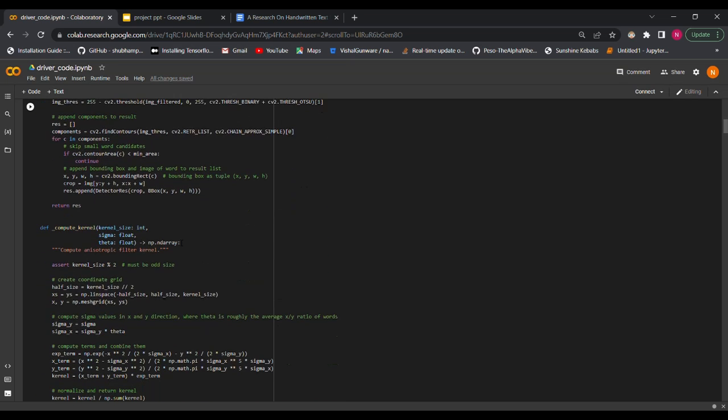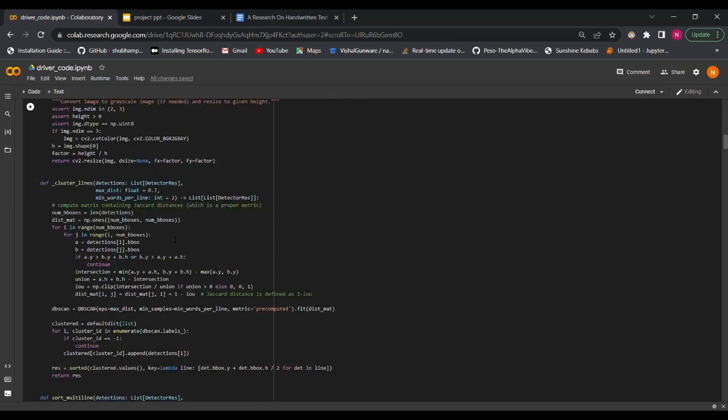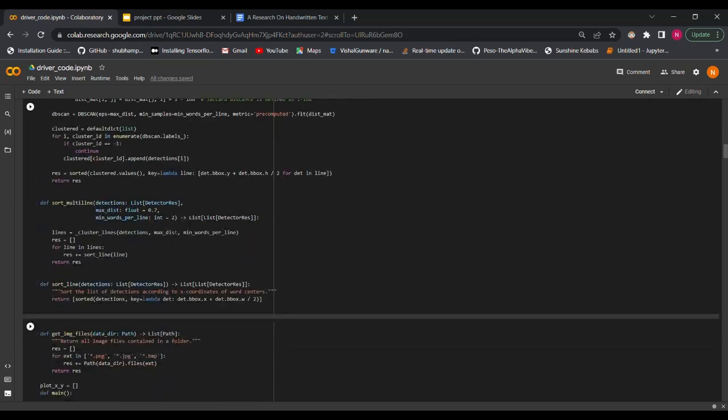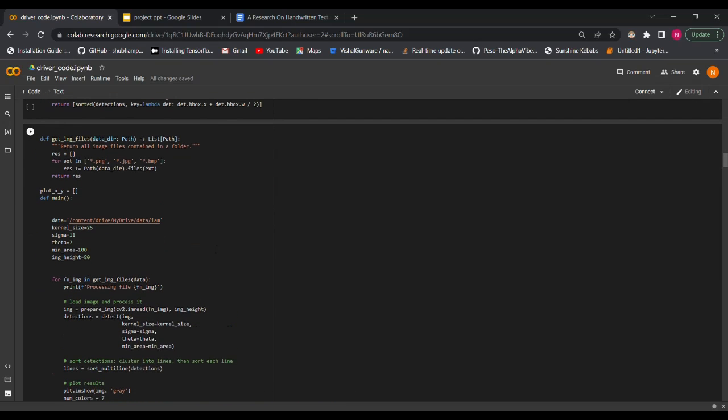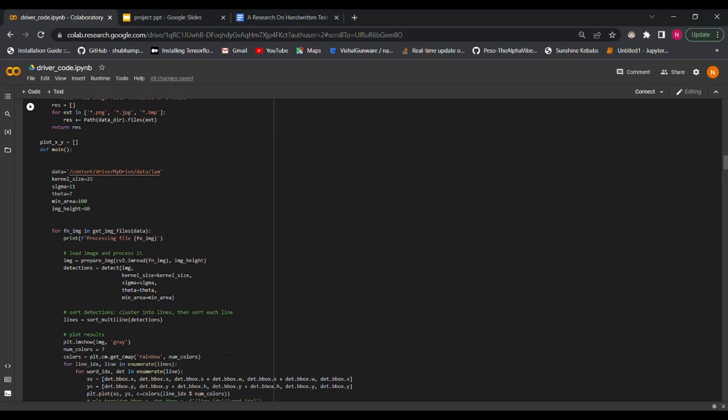This is our implementation part. We have used two models. First model to detect the words, second model to recognize the words. We are passing the output of the first model to our second model. In our first model, we have given the path of the image.